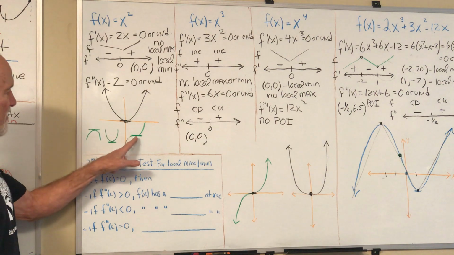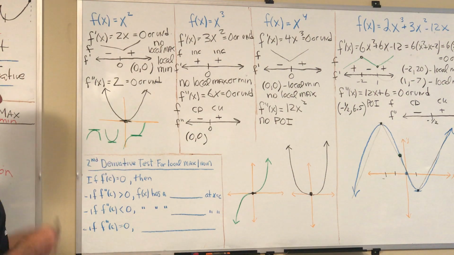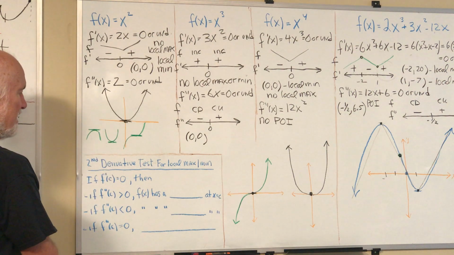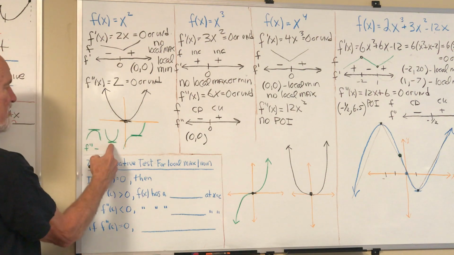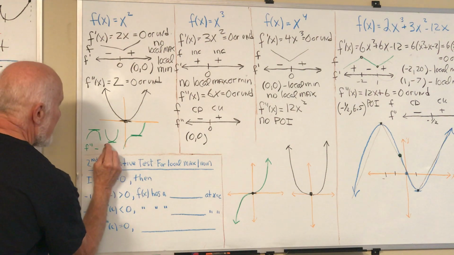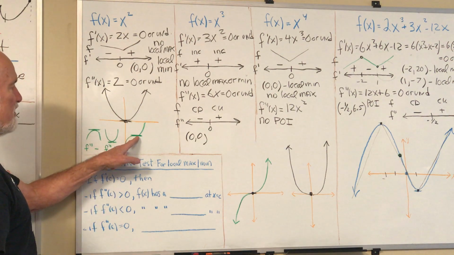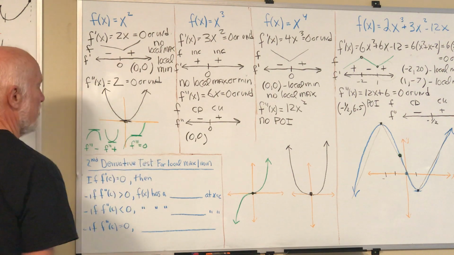But in this case, you all have different concavities. This one is concave down. So the second derivative is negative. This is concave up, so the second derivative is positive, and this is a point of inflection where the second derivative equals 0.